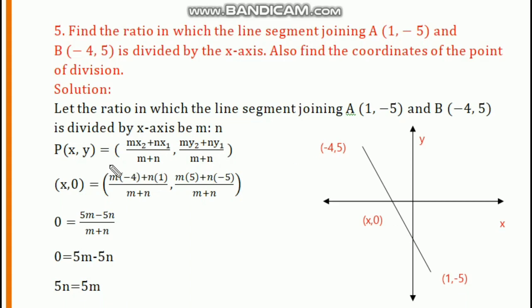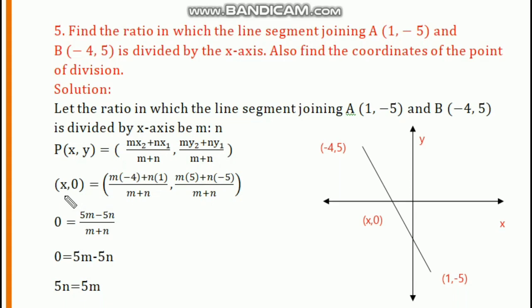So we know the section formula: P(x, y) equals (mx2 + nx1)/(m + n), (my2 + ny1)/(m + n). So the point (x, 0) equals (m of -4 + n of 1)/(m + n), (m of 5 + n of -5)/(m + n).